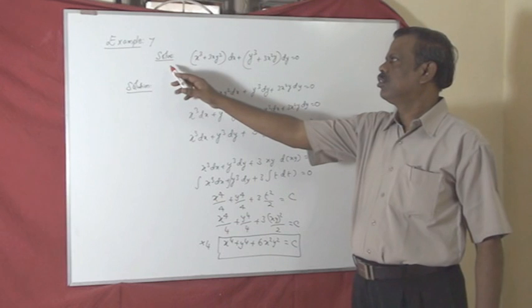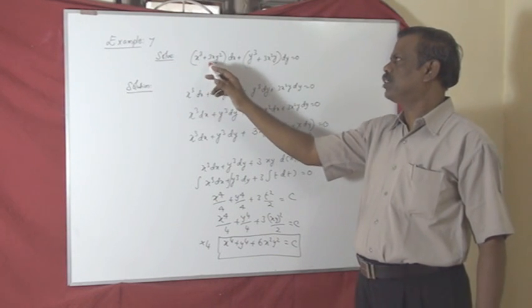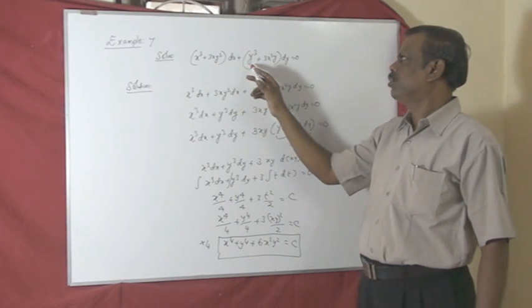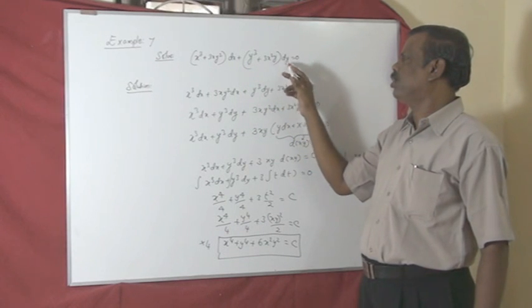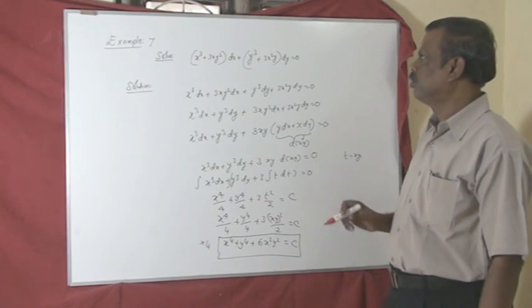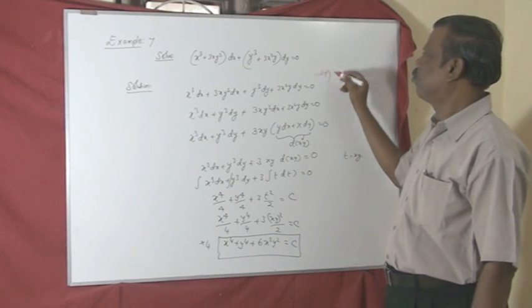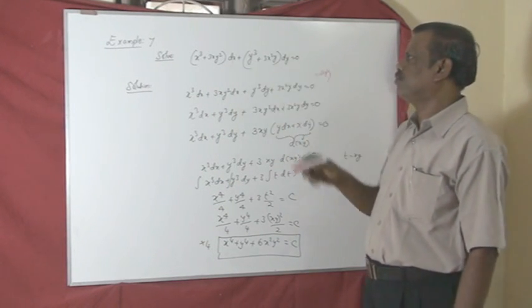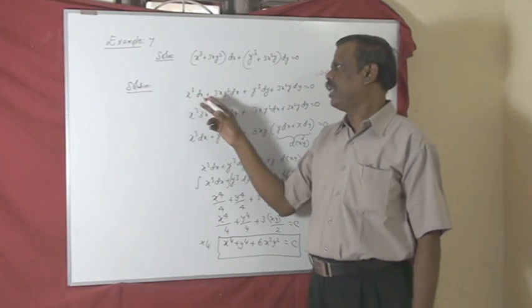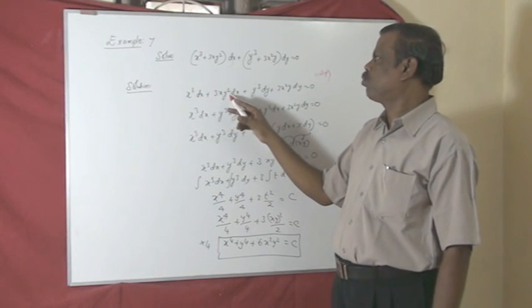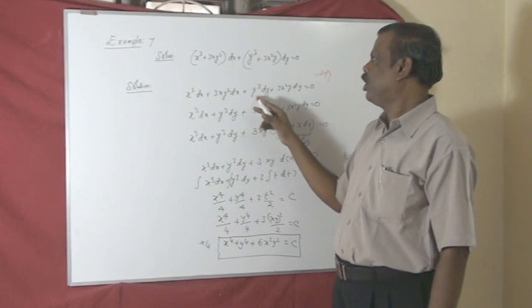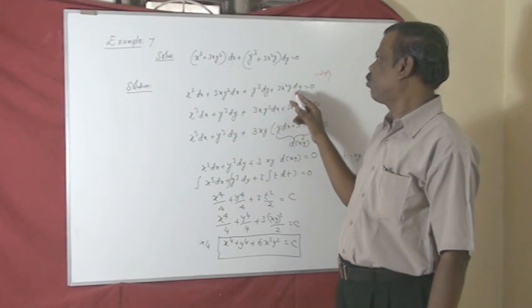Example 7. Solve x cube plus 3x y square into dx plus y cube plus 3x square y into dy is equal to 0. Now here you have to multiply this equation. So multiplying with the dx and the dy, we will get x cube dx plus 3x y square into dx, y cube into dy, 3x square y into dy.